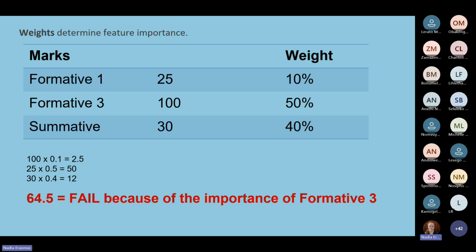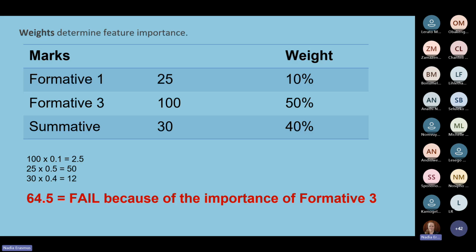Okay, so you're going to have your formative 1 is going to count 2.5. You have your formative 3 is 50, but we have requirements. So if you have 52.5, and you have to at least get 40% in your summative for you to pass the subject, and you got 30.